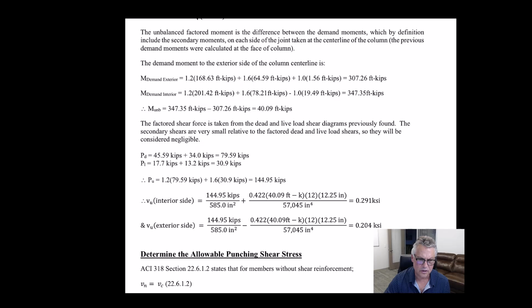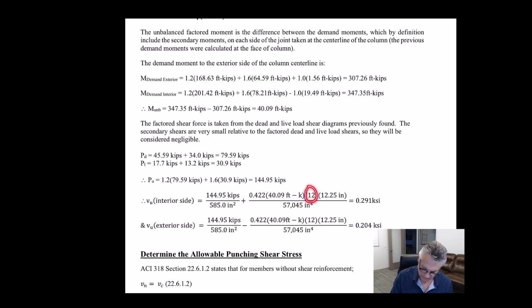The direct shear, the VU, divided by the three-dimensional area of that critical section. And then we're adding the shear stress due to unbalanced moment. The unbalanced moment was 40.09, which was calculated using secondary effects. It goes here. The percentage of that we're required to include in a shear stress calculation was 42.2%.